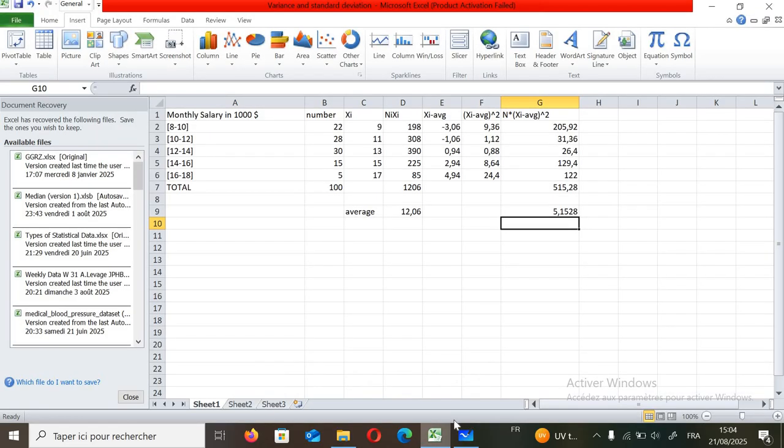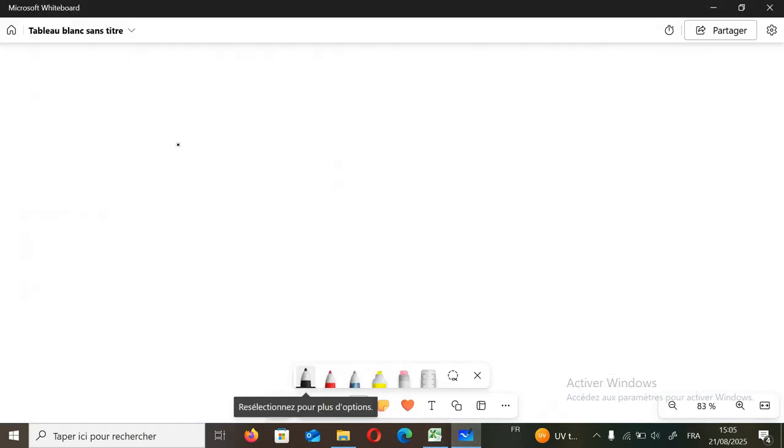here we have 5.1528. The square root of it, this is the variance.